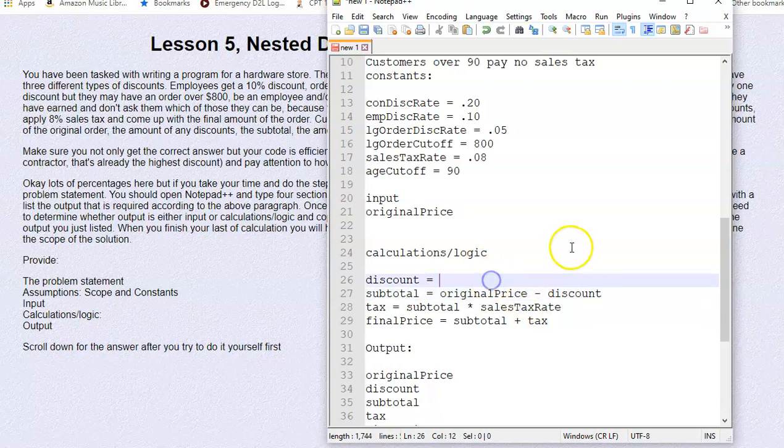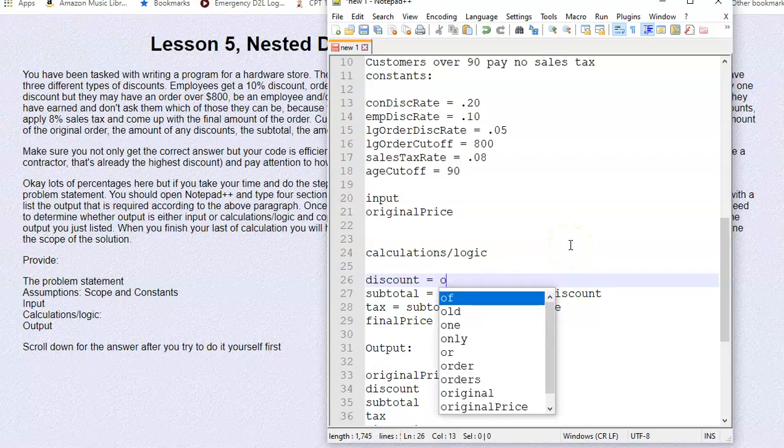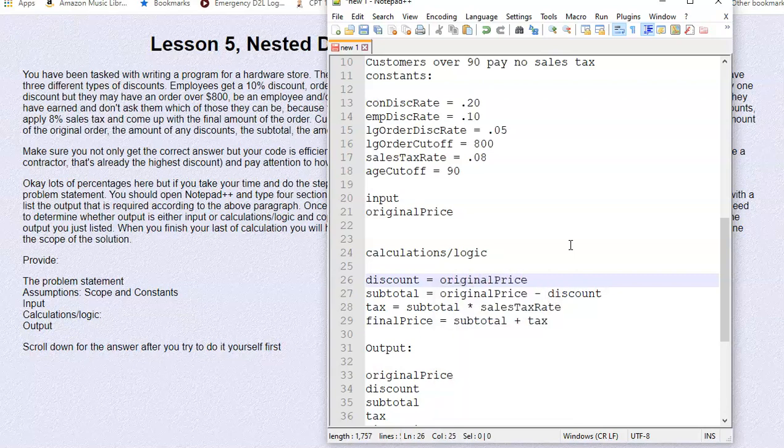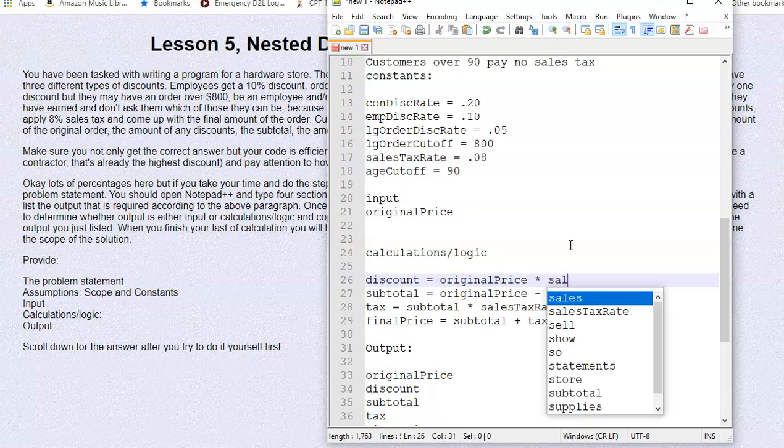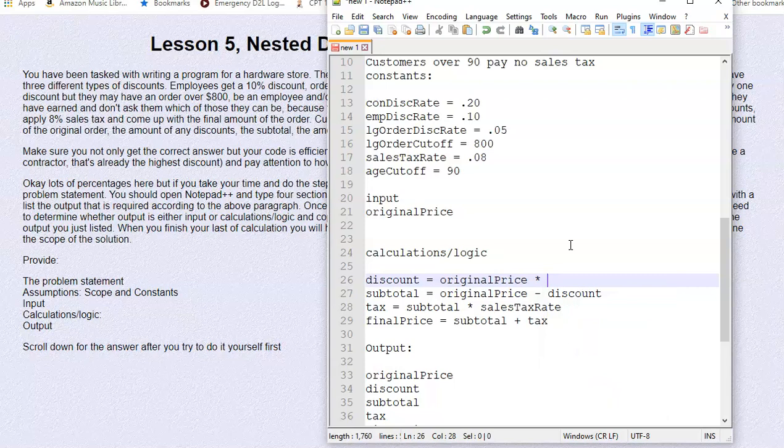And then what is the discount? That is going to be also the original price, and that's going to be times the tax rate. So sales tax. No. That'll be the discount rate.